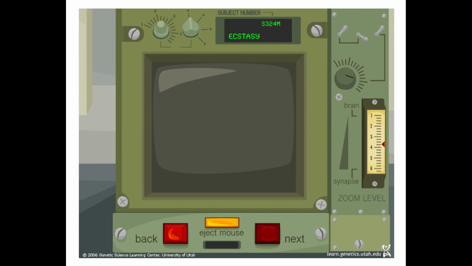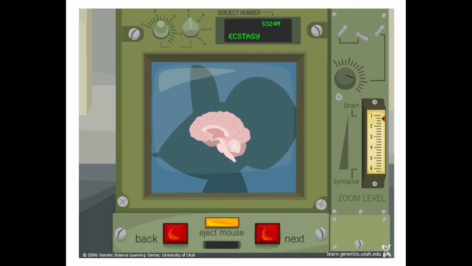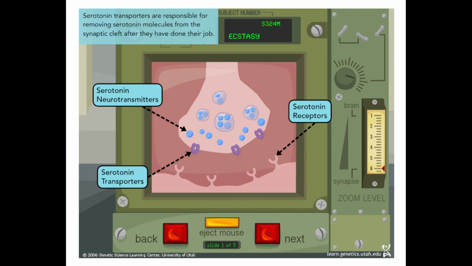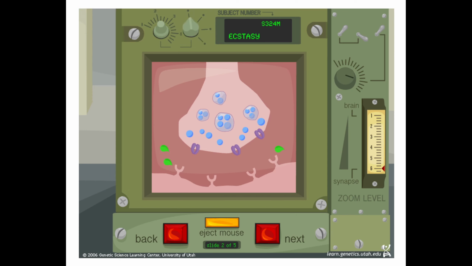So what we can see for ecstasy is that normally what's happening here is the normal production and normal effect of these neurotransmitters. In this case, we're looking at serotonin neurotransmitters, where we see their transporters bringing them back up and the receptors existing sort of in their natural state.